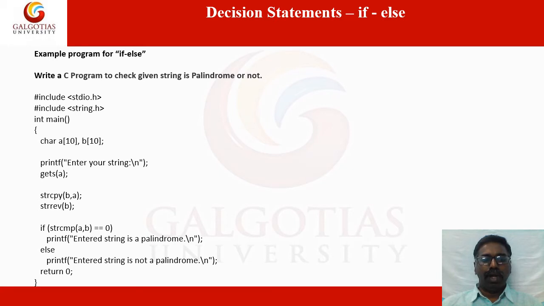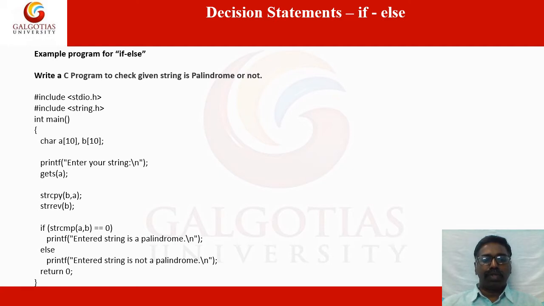Now we are going to call another function called strrev. What is the meaning of that? String reverse. The given string is copied in b, and now we string reverse it, so the given string is now reversed. Now another function, strcmp. What is the meaning of strcmp? It is string compare, a comma b.